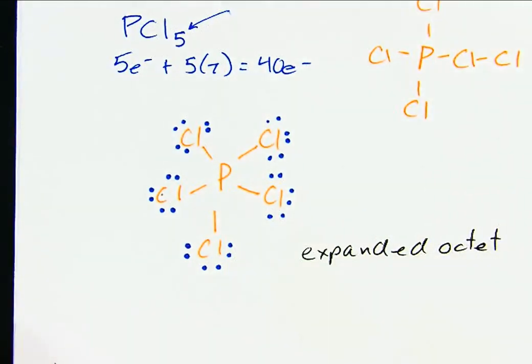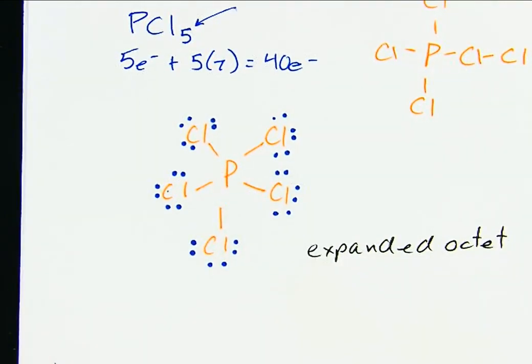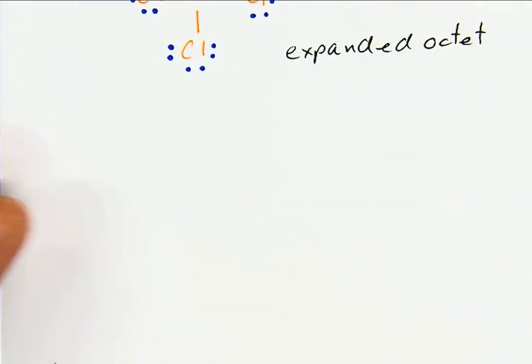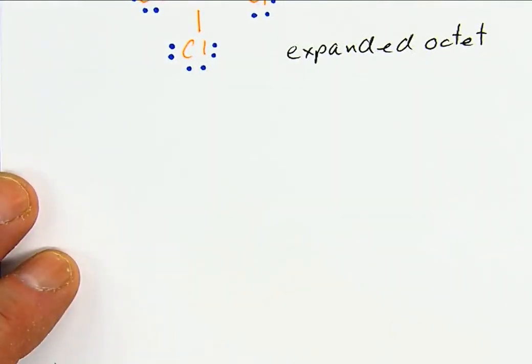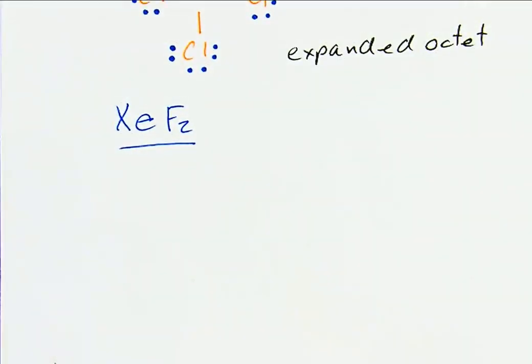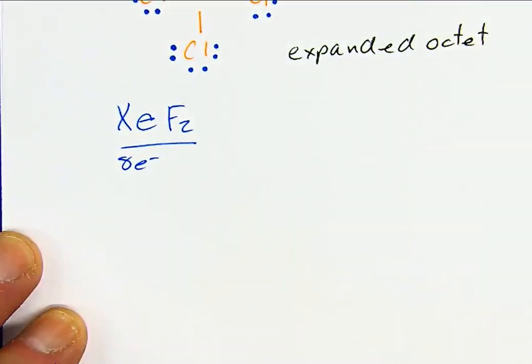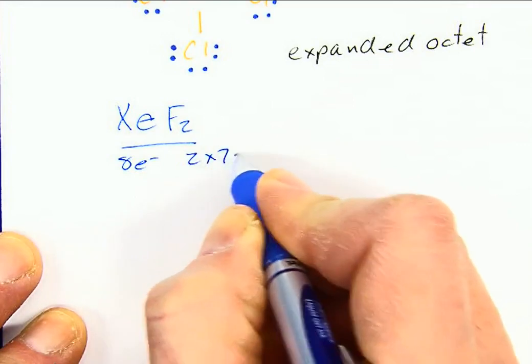So let's see if we can do another one, because it doesn't always end up with having 5 bonds around the outside. A classic example would be something like XeF4. Or we could try XeF2 and see what that does. So the general idea here then is that we have 8 electrons for xenon, and 2 times 7 equals 14.